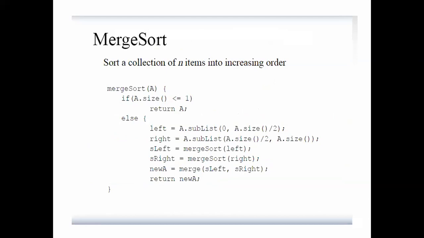Otherwise, split into left part and right part by 2, perform sort on the left array and on the right array, then perform merge and return the new array. So this is the algorithm for merge sort.